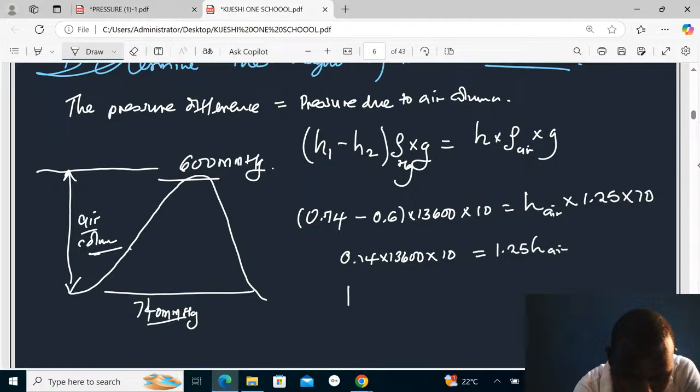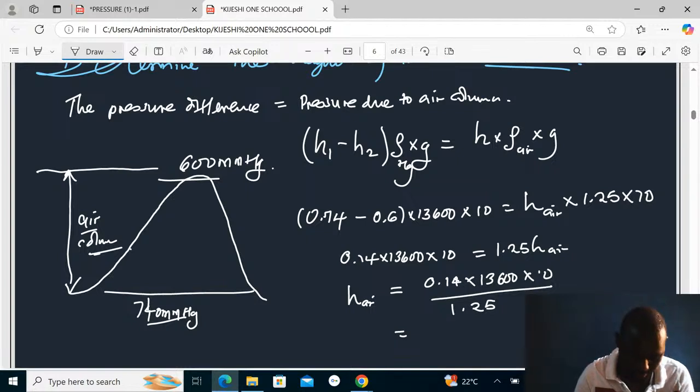Therefore, height of air will be given by 0.14 times 13,600 times 10 divided by 1.25, and we are going to get a very large number here.